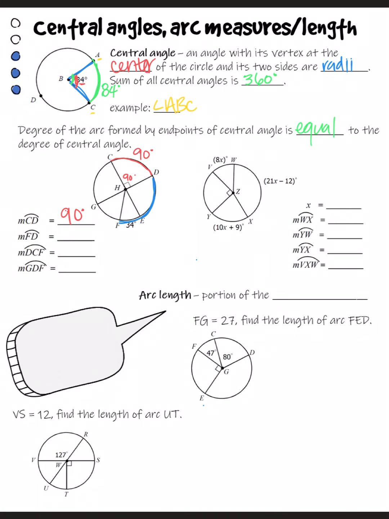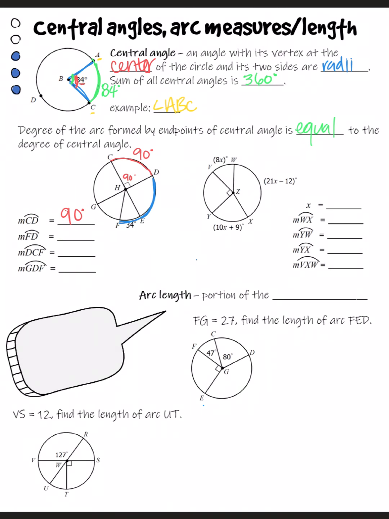So let's figure out what FD is. You should be able to tell that CE is a diameter, meaning that this is a semicircle, and we know that semicircles are half of circles. So if a total circle is 360 and half a circle is 180, we know that this portion is 90.